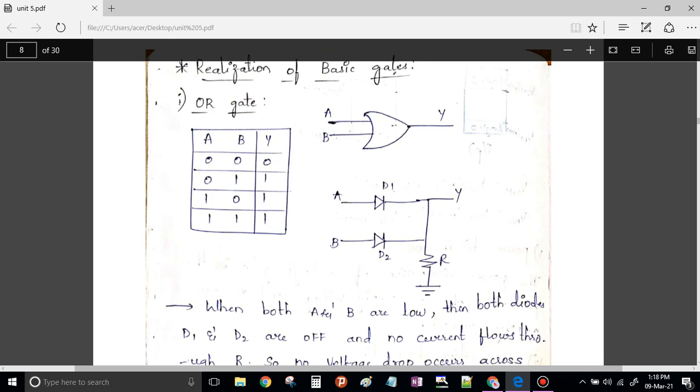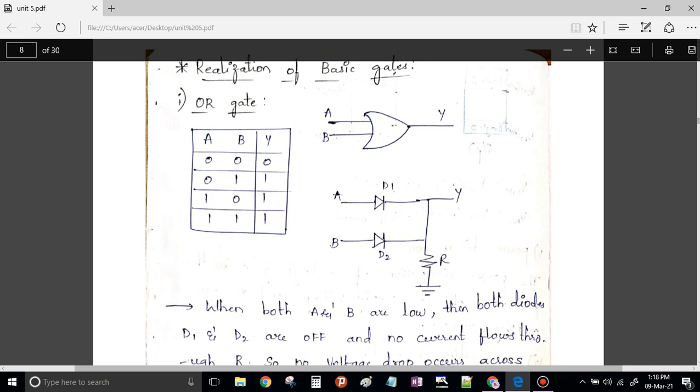In the next case, let us take one input as 0: A is 0 and B is 1. When A is 0, this acts as an open circuit, and this will act as a closed circuit. Because of that, whatever voltage is there will appear at the output side and the output will be high.